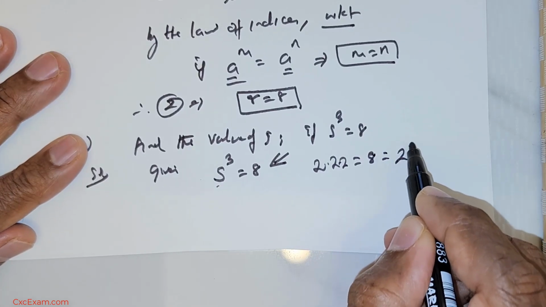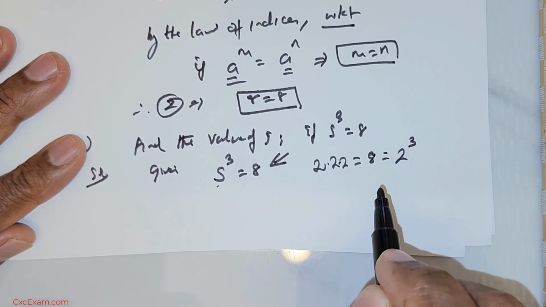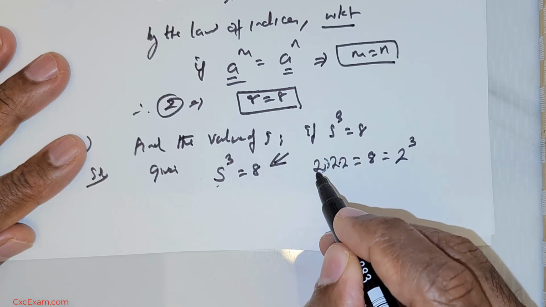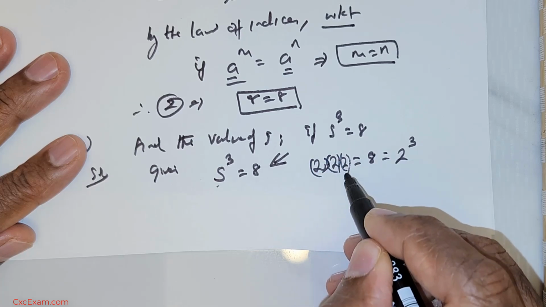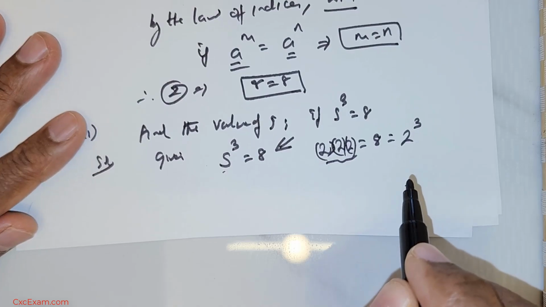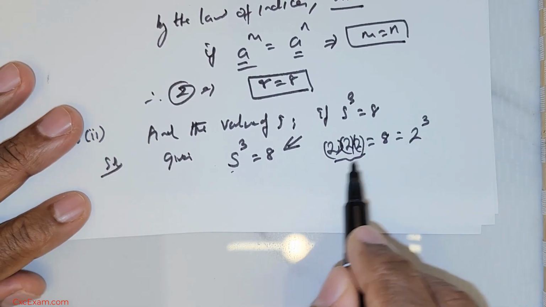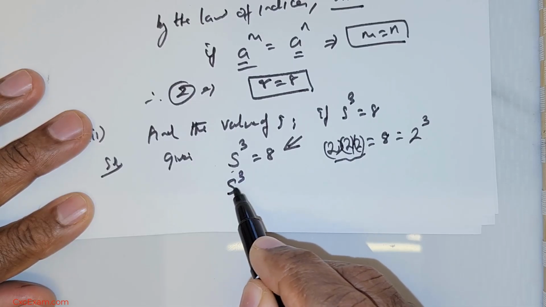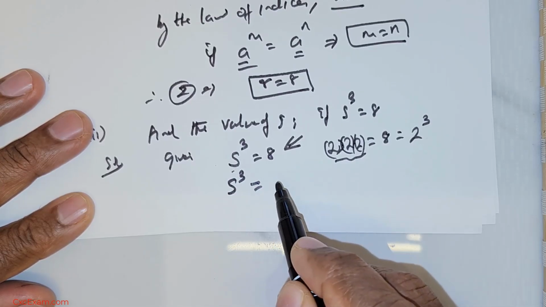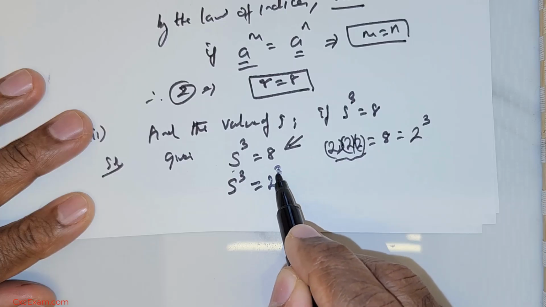So therefore 8 can be rewritten as 2 raised to the power of 3, because of the product multiple concept that we know already. So having mentioned that, I now rewrite x cubed equal to 8 as x cubed is equal to 2 raised to the power of 3.